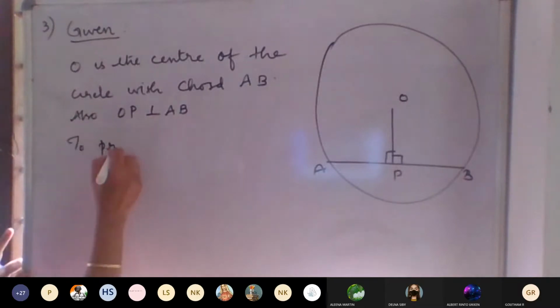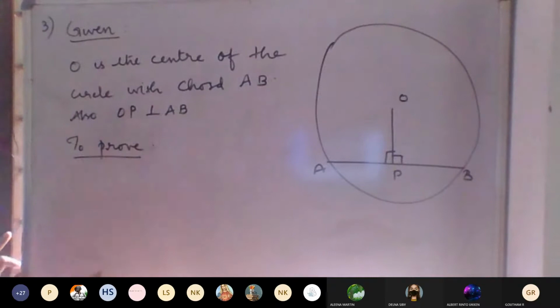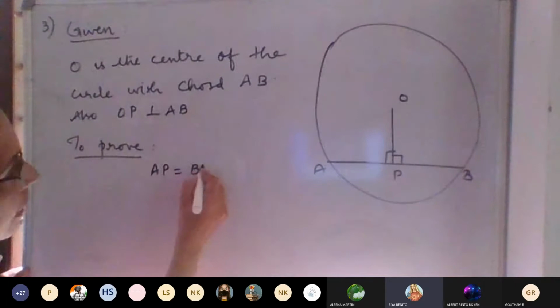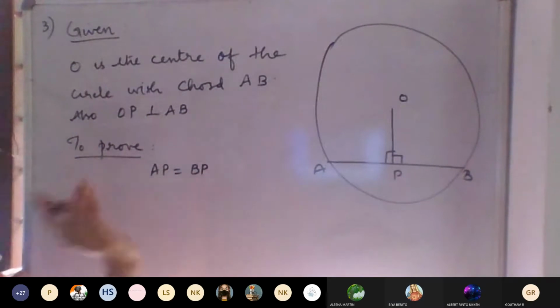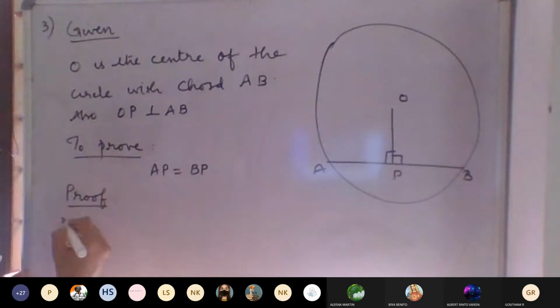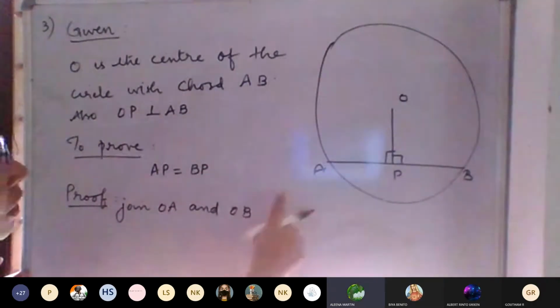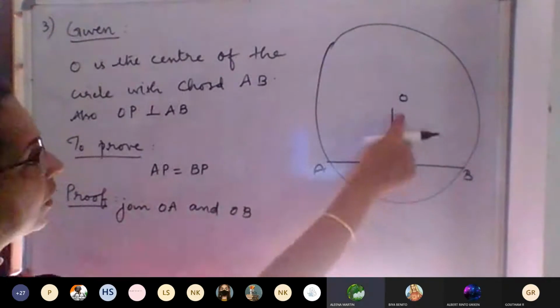Then to prove, what do we have to prove next? AP is equal to PB. AP is equal to BP, we have to prove. Then for proof, join OA and OB.